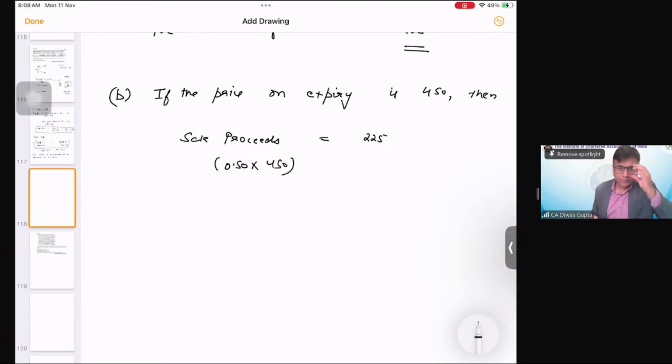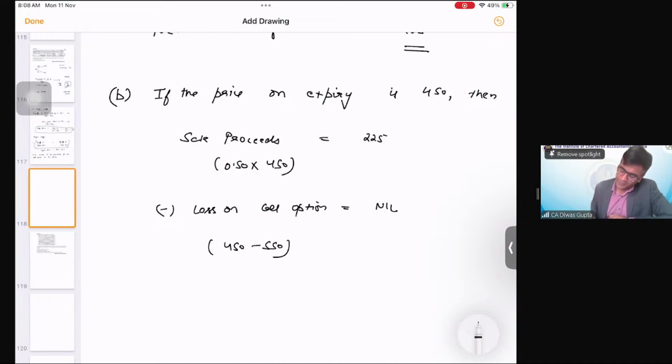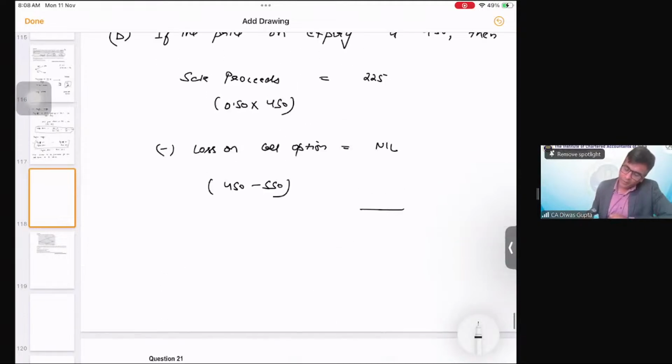Clear? And what will be the loss on call option? It will become nil, right? Because 450 minus 550 is nothing to be paid. So in totality, it will become 225 again.